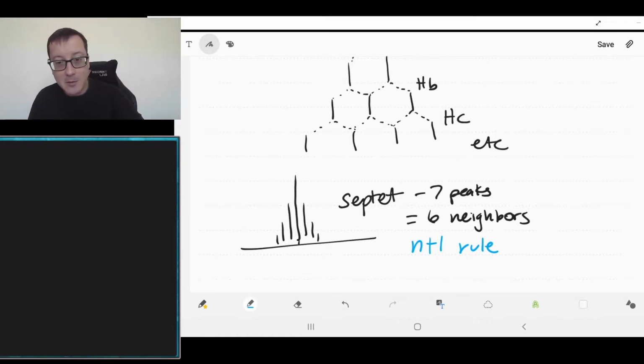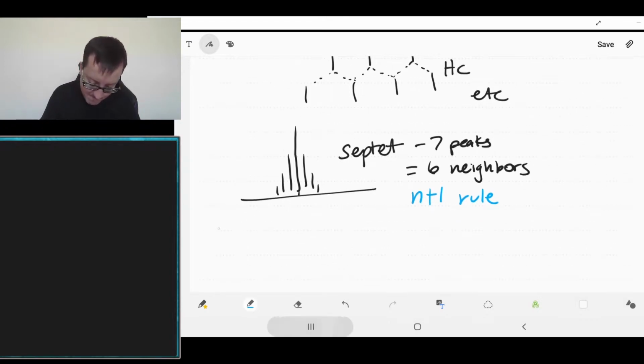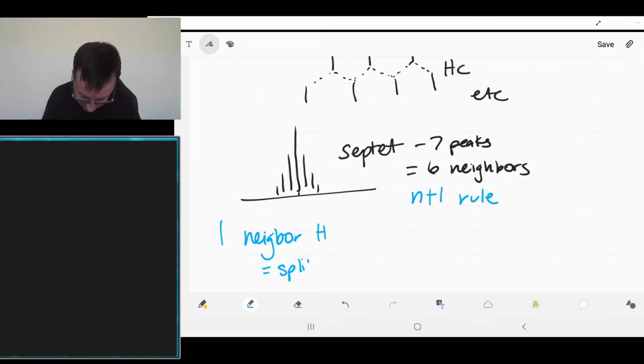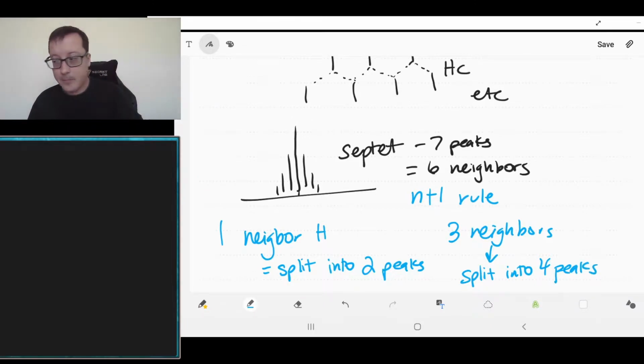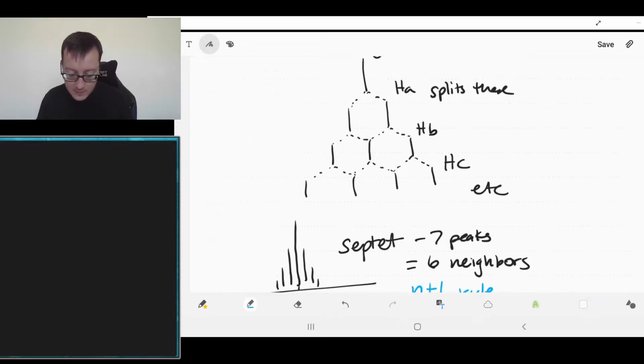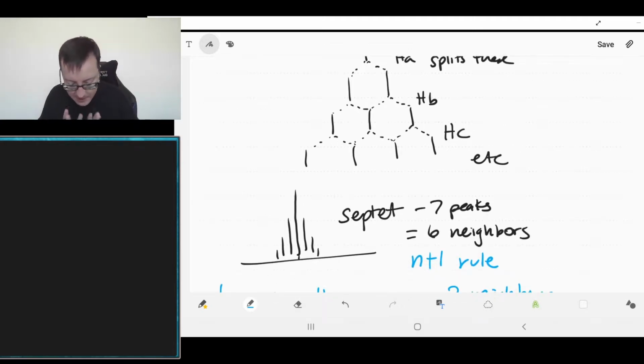So if you have one neighbor, you're split into 2 peaks. If you have 3 neighbors, you're split into 4 peaks. And we're going to see that these follow Pascal's triangle. So we see here that we kind of have this predominant peak in the middle of our septet. We have smaller and smaller peaks as we go to the outside.